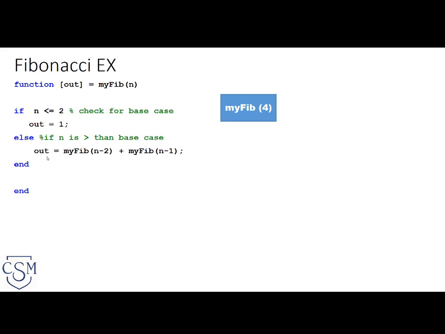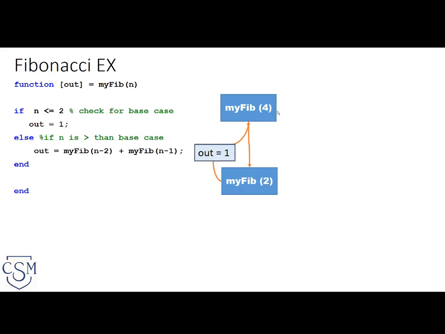Before it finishes making the variable out, it's going to call itself recursively with n minus 2. So we pass 2 to myfib, and we're in a different call of the function. Now we meet the if statement, and we pass out back up to the top level.